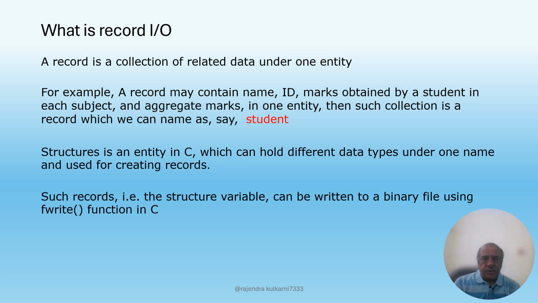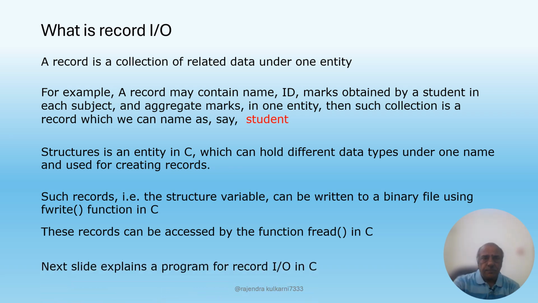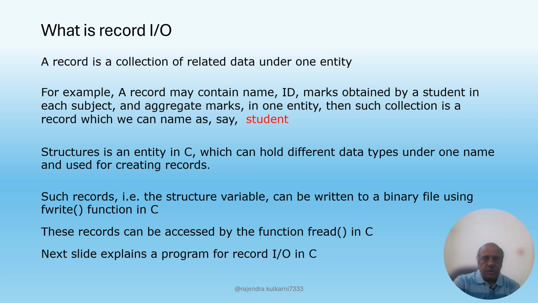And we can straight away write such created structure variable records directly to a binary file using fwrite function, and these records can be accessed by the function fread. In the next slide, I will explain a program for record IO in a binary file in C.